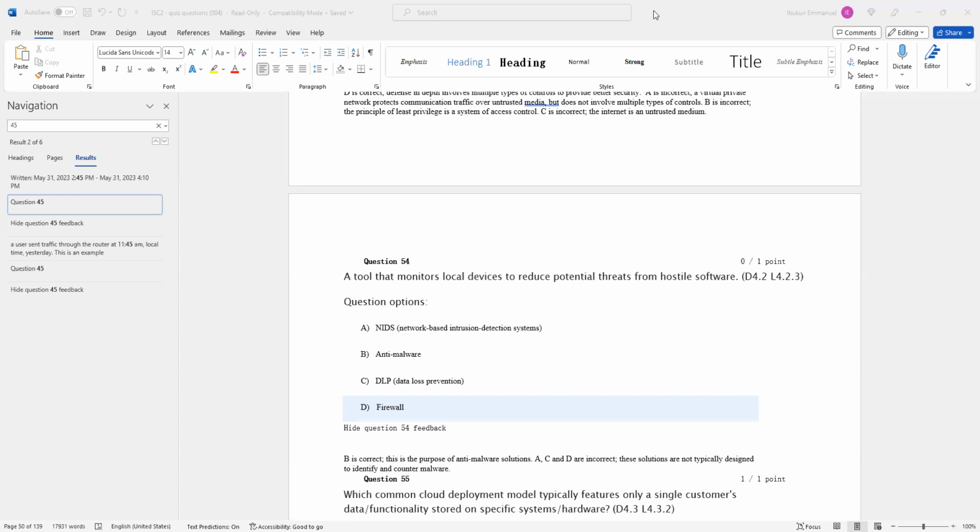What is an example of a NID? A work on traffic on the network. Not sure I understand what you're saying there, but maybe you're saying works on traffic on the network. Network-based intrusion detection systems don't actually work on the local devices. Data loss prevention doesn't work to reduce threat from hostile software, but it's your anti-malware.